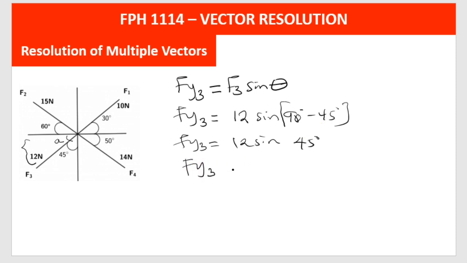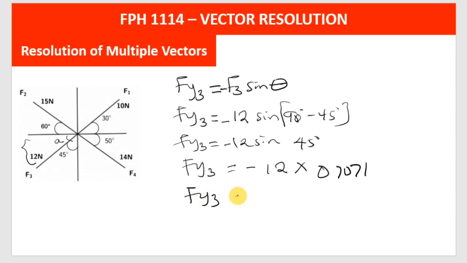Fy3, remember we are already in the third quadrant, so our Fy3 is supposed to be minus. So we have minus 12 times sine 45, which gives us 0.7071.